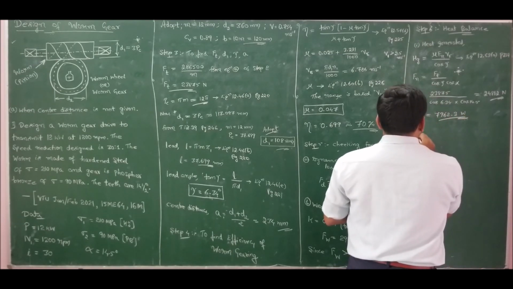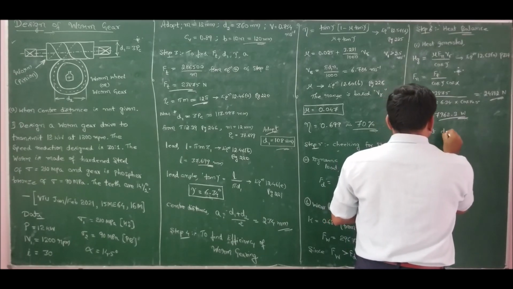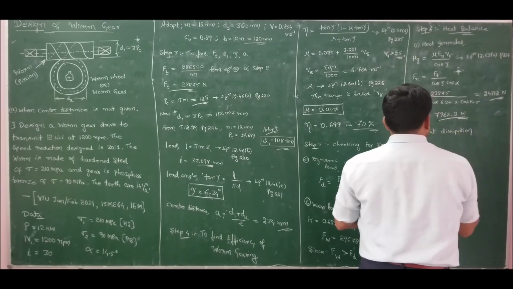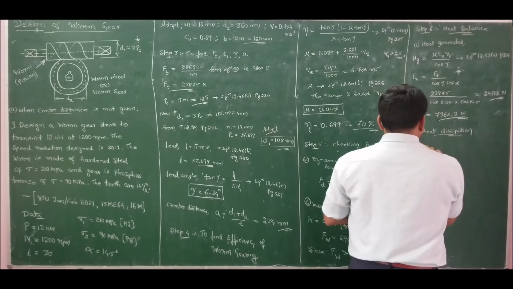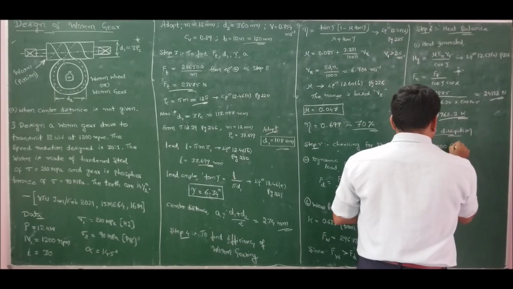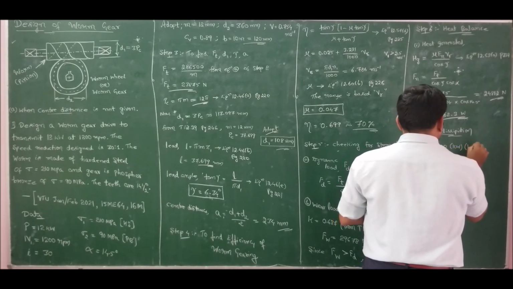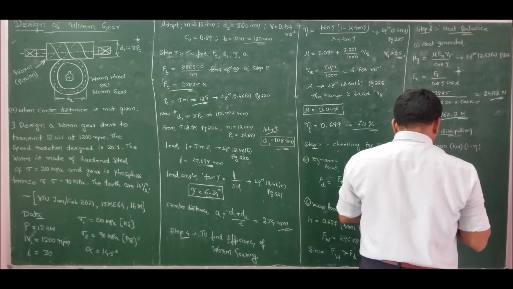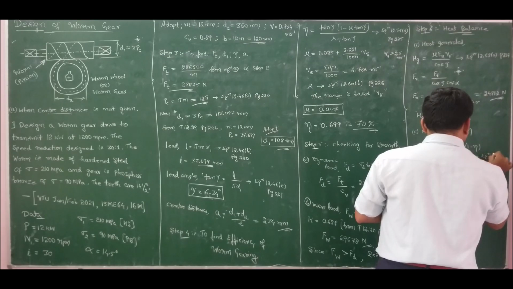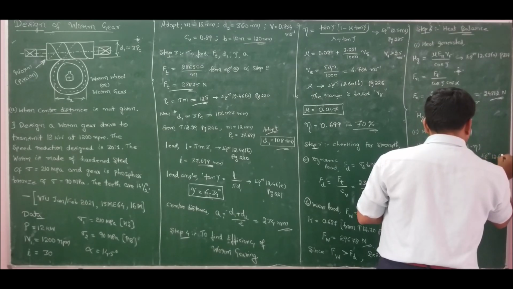So next is heat dissipation. We know that heat dissipated is given by 1000 times power transmitted in kilowatts into 1 minus efficiency. This is from equation 12.63b, referring to page 227.